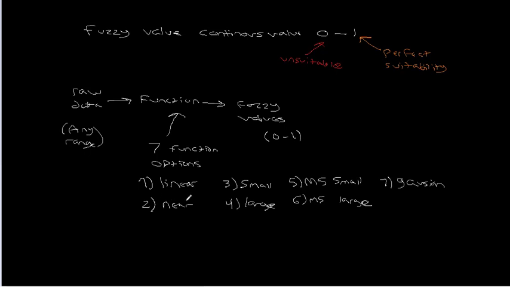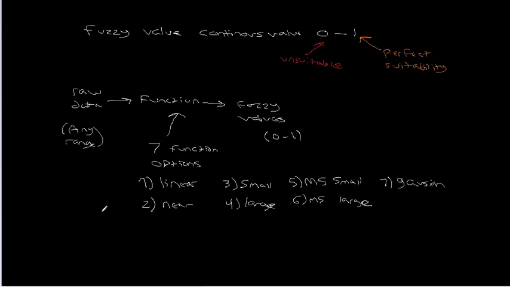So again, just to recap, conceptually what we're doing is we're converting away from this idea of categorical suitability to this idea of continuous suitability, where we have each layer in our suitability data set being converted from raw data through this function to a new data set called a fuzzy value that ranges from 0, which is unsuitable, to 1, which is suitable.